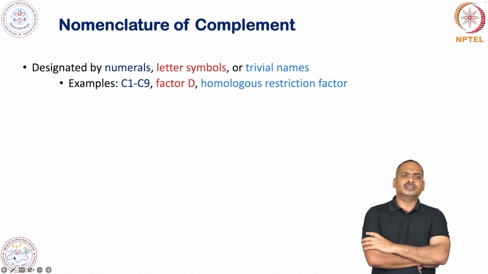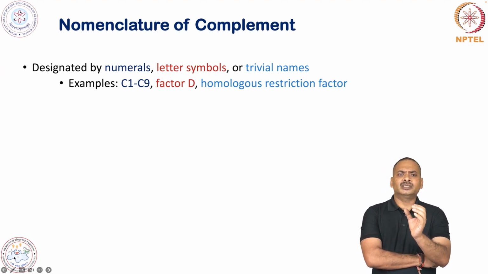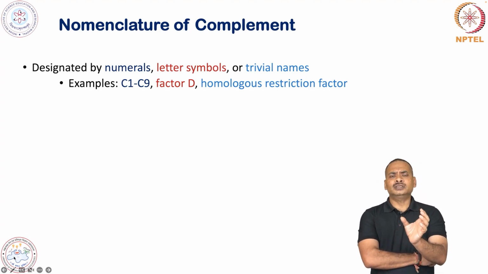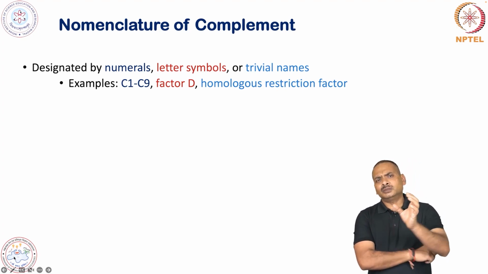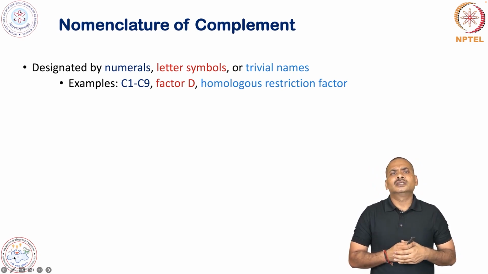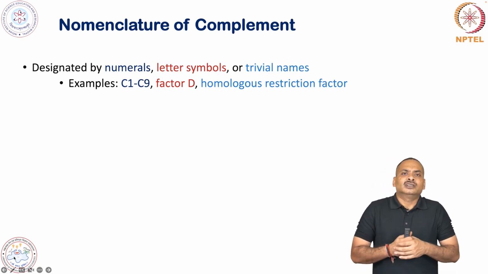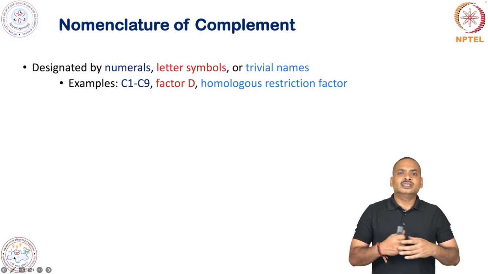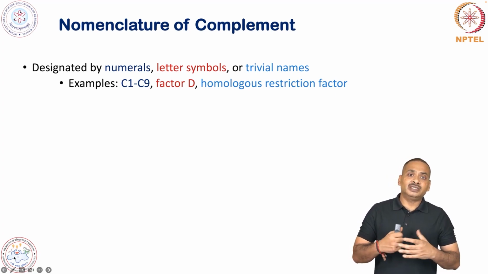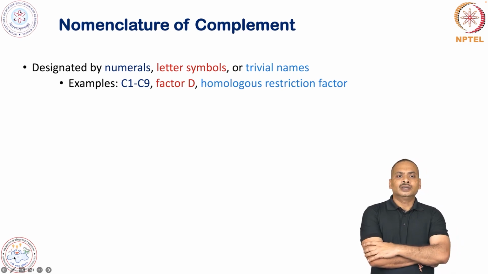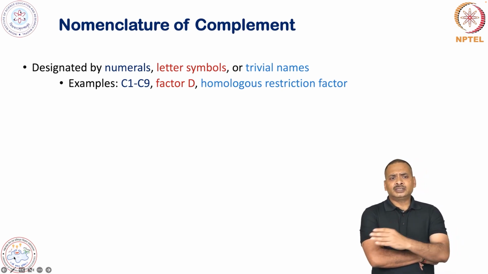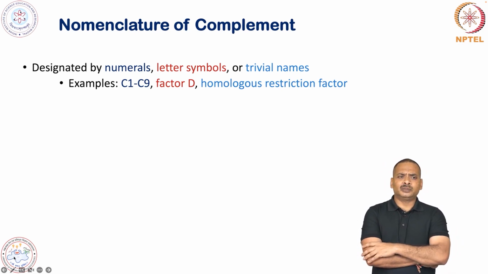And there are also some complements with trivial names, for example, factor D and factor B, something like that. So this is the first step in complement.